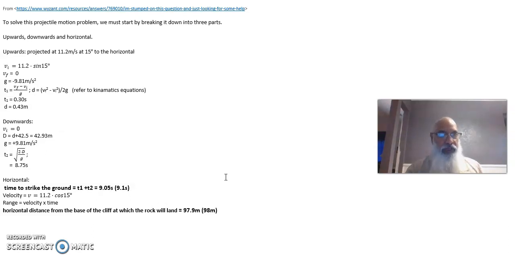And the total time, therefore, is T1 plus T2, which is 8.75 plus 0.30, and that comes out to 9.05, sorry, 9.05, and that reduces to 9.1 seconds as two significant digits. Okay, so that is the total time of flight.